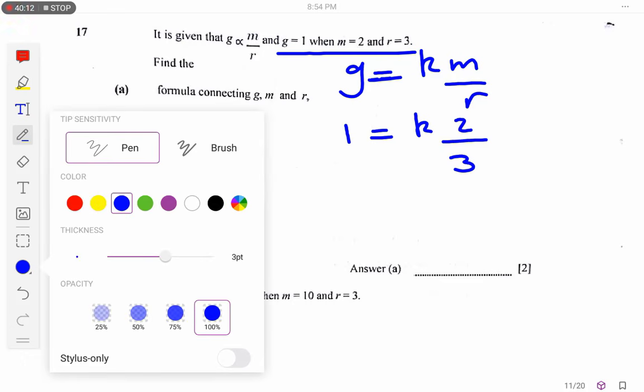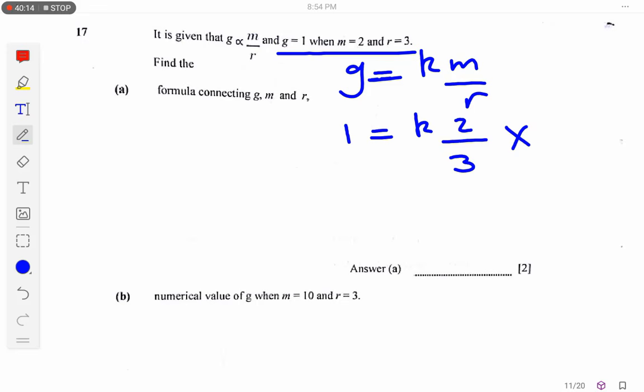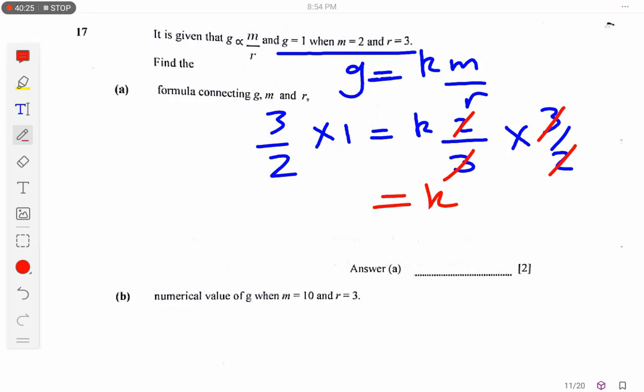Okay, so we can get the value there. Let's get the value of K. I can multiply everything by 3 over 2. I just want to remove that 2 over 3. So that this side 3 and 3 cancel, 2 and 2 cancel, and we remain with K. And this side 3 times 1, we get 3 over 2. So our K value is 3 over 2.